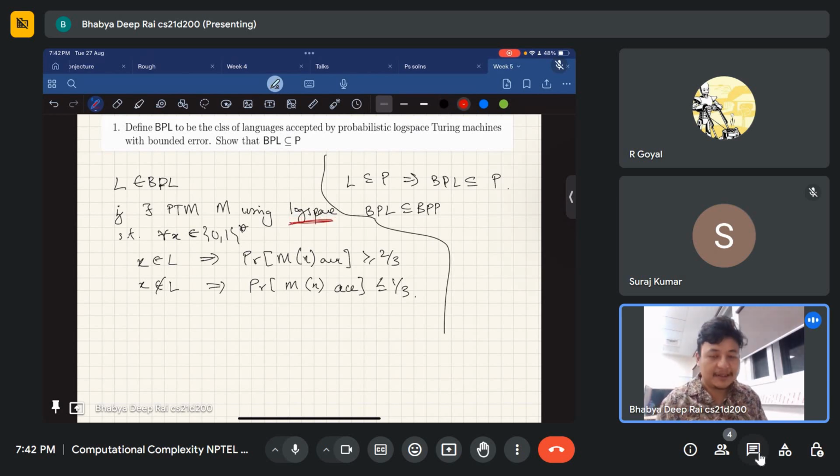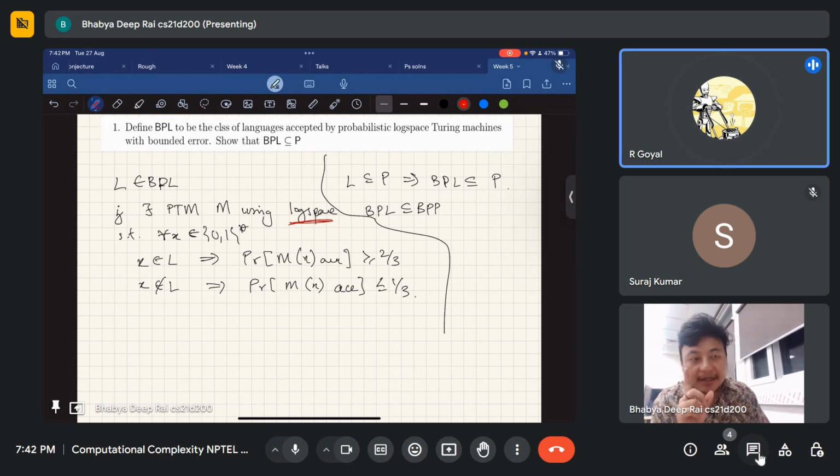And now what you're saying is this BPL algorithm will also be a P algorithm. That's what you're saying, no? Yes, but then I'm wrong at this point, because for the strings which are not part of the language, the yes, no answer could be wrong.